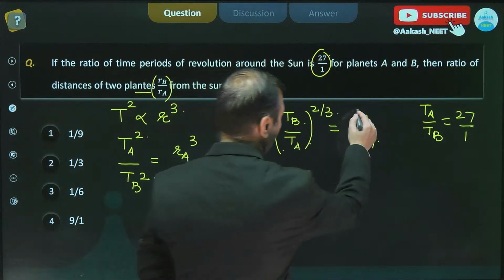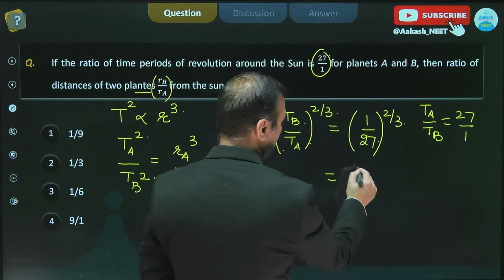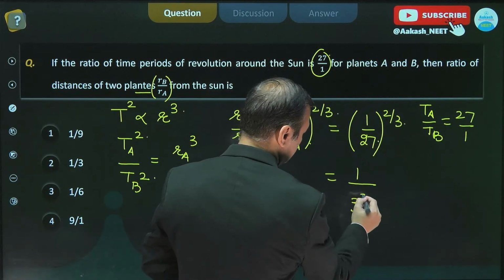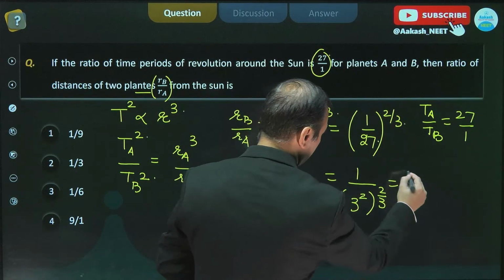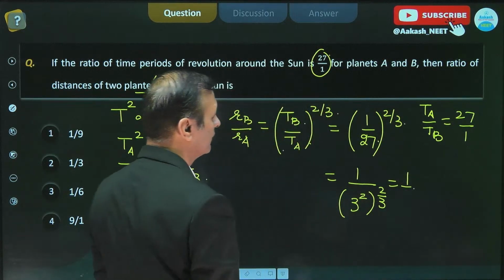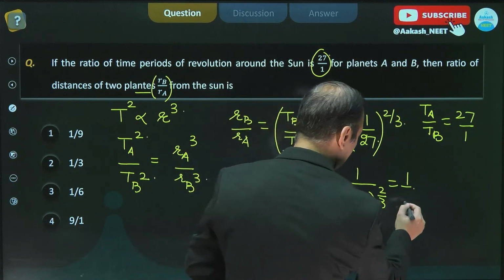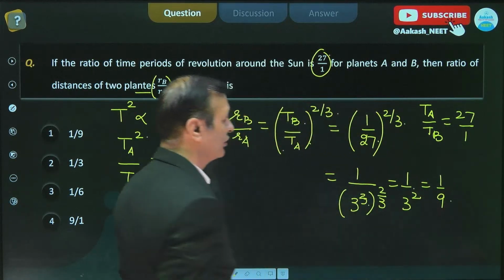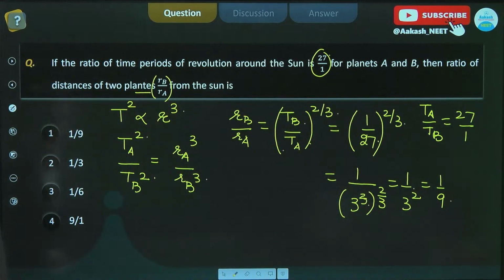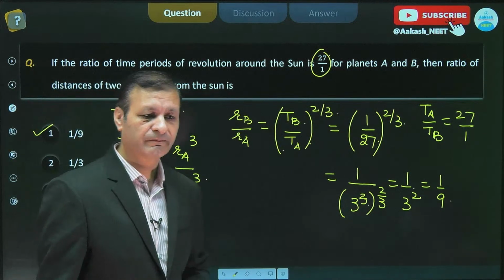So this is 1 by 27 to the power 2 by 3, which is 3 cube rather, and this gives you 3 square. So this is 1:9. Yes, the very first option.